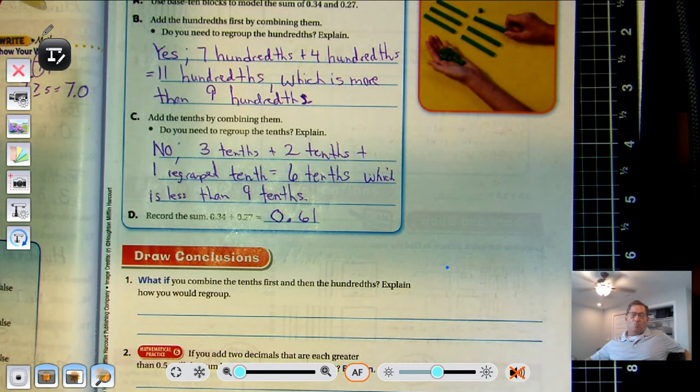So what if you combine the tenths first and then the hundredths? Explain how you would regroup. Well, if we added 3/10 plus 2/10, we'd have 5/10. But then when I would go to the hundredths, I would still have 11 hundredths. So I would still have to regroup those by adding 1 extra tenth.